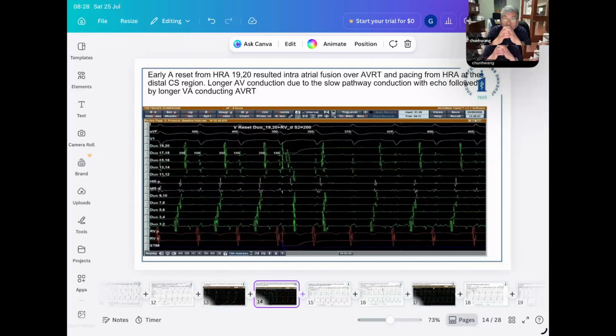For this slide, I thought that when we paced the high right atrium, there was fusion between the pace and the accessory pathway, because I thought the excitable gap is broad.